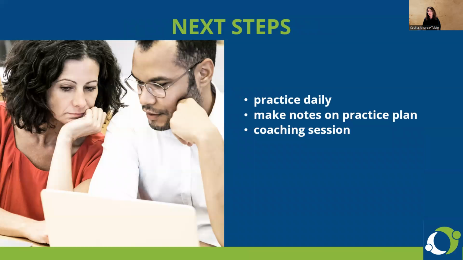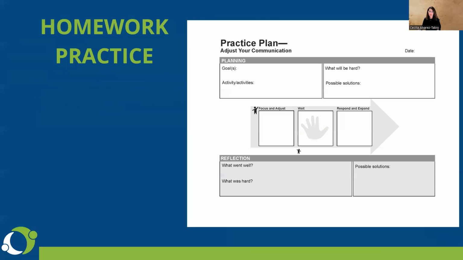So for next steps, I want you to practice daily, use the practice plan to make notes. And I want you to try and practice every day. And we'll talk more about any questions, and we'll practice in the coaching session.